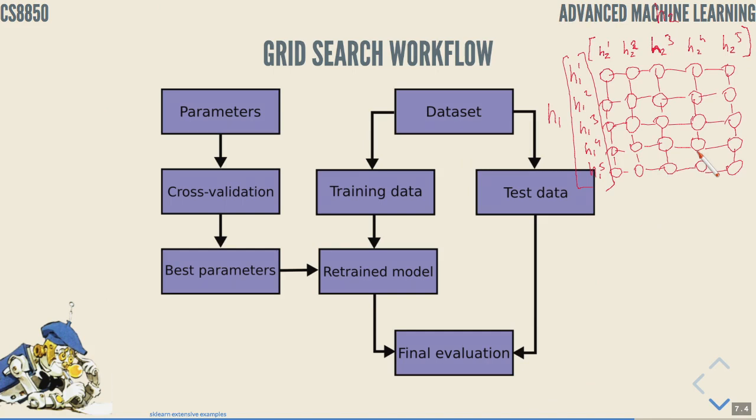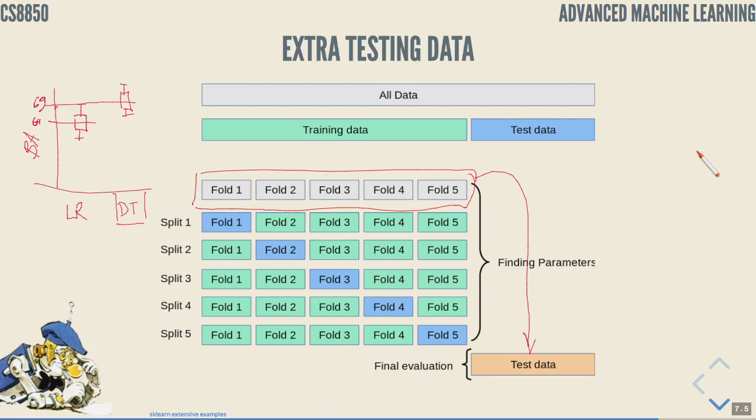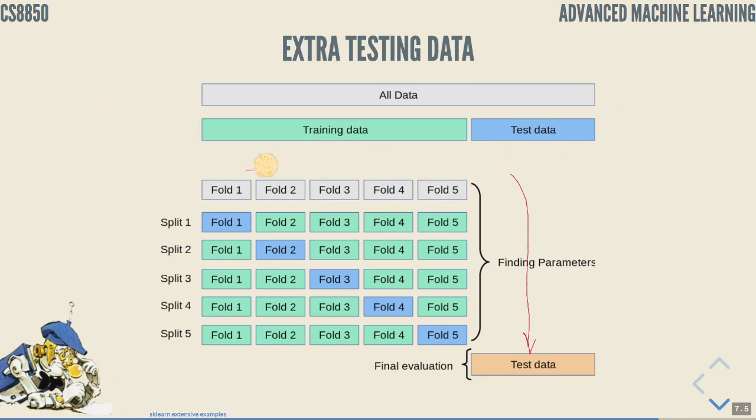So let's see how the same cross-validation procedure could be used for hyperparameter search. Now, when we've done our first split, and this is our test data, we will train on this training data all of our models that include all possible combinations for H1 and H2.